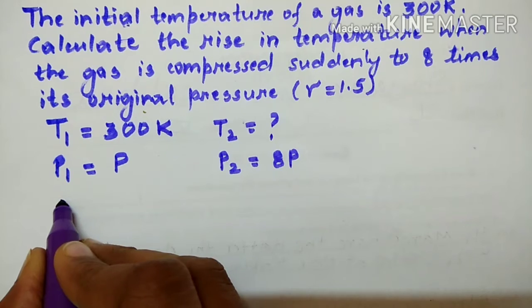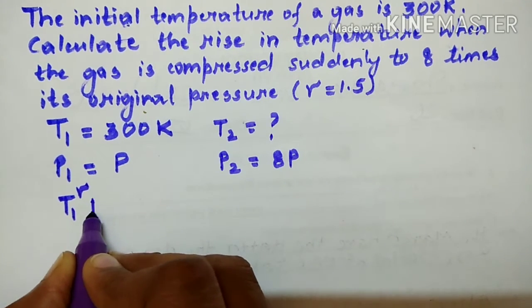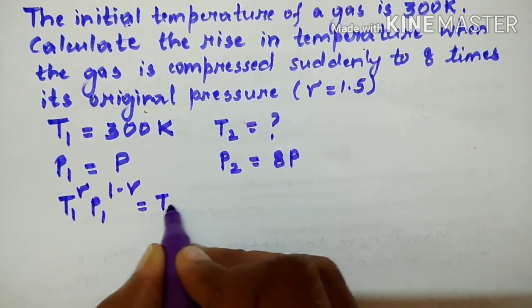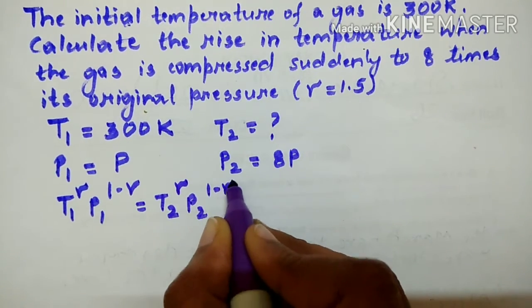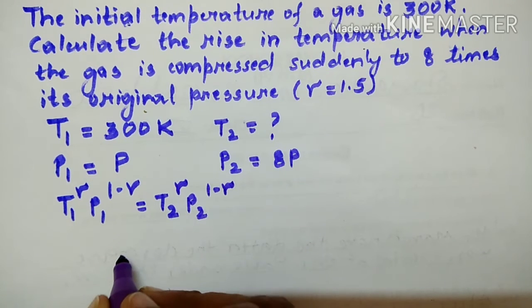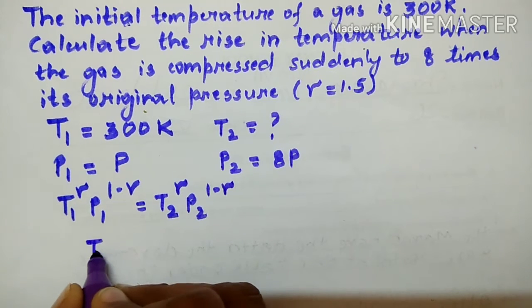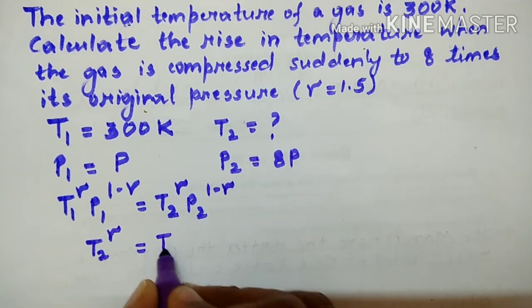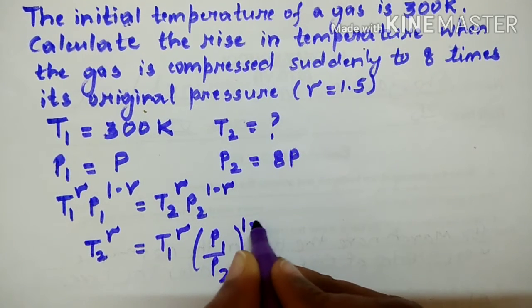So the formula used is T1 raised to gamma into P1 raised to 1 minus gamma is equal to T2 raised to gamma into P2 raised to 1 minus gamma. We are finding T2, so rearrange the equation as T2 raised to gamma is equal to T1 raised to gamma into P1 upon P2 raised to the power 1 minus gamma.